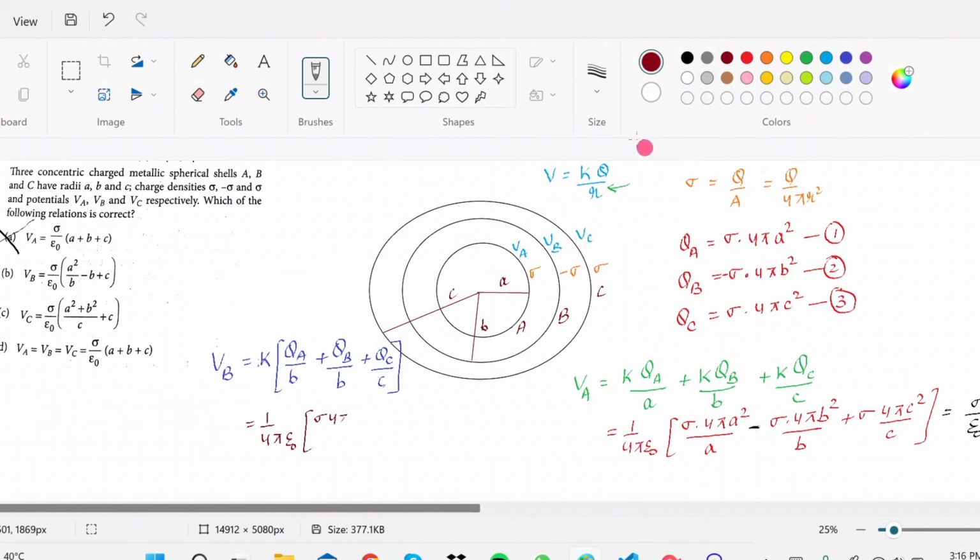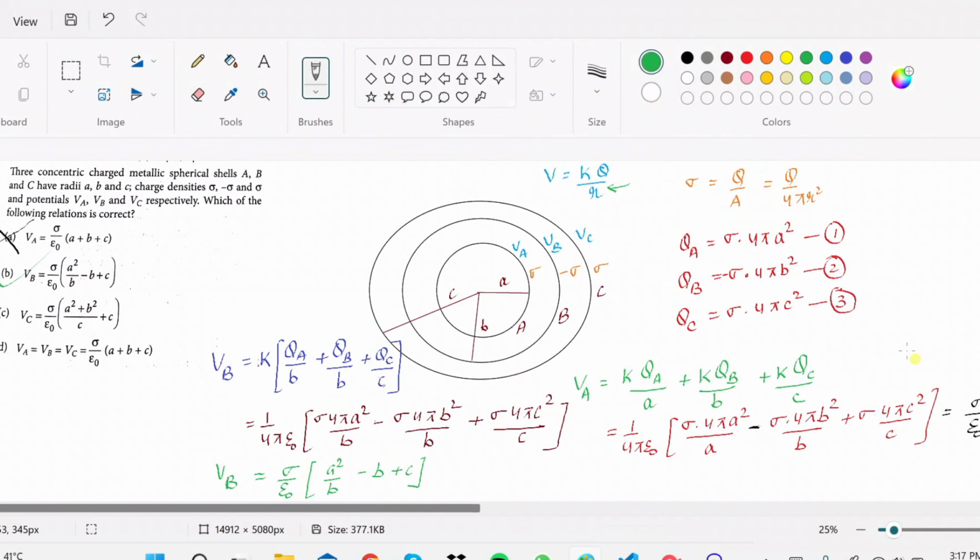So 4 pi cancels out: sigma 4 pi A square upon B, plus sigma 4 pi B square upon B, minus, since this is negative, and finally sigma 4 pi C square upon C. Let's see what we get for the potential of B. Cancelling 4 pi and taking sigma out, it will be sigma by epsilon naught times A square upon B minus B plus C. So potential VB, option B is correct.